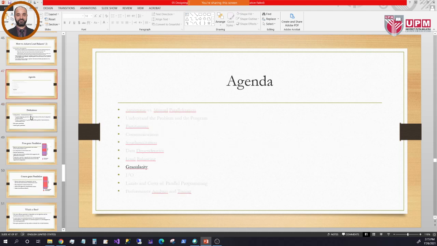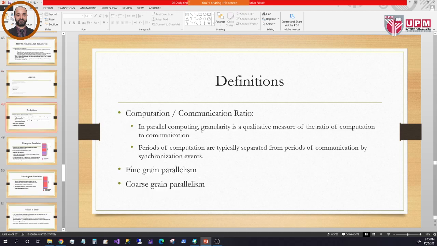So this is the granularity. We have some definitions here. The first thing is the computation and communication ratio, which is called granularity.